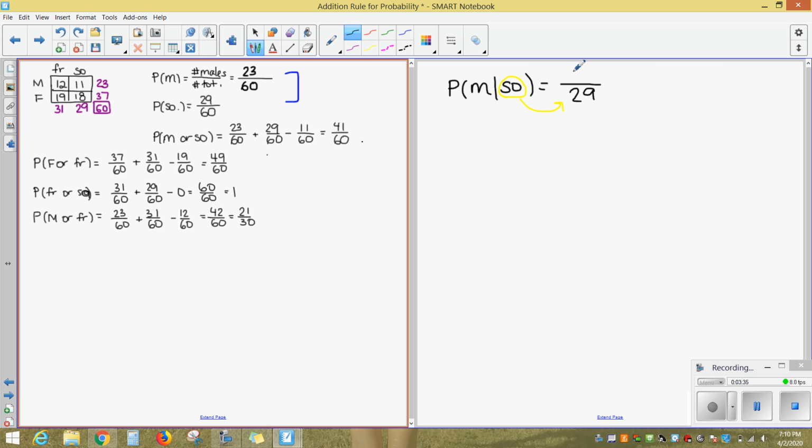Of those 29 students, how many are men? 11 of them. Notice that the probability of drawing a male student, knowing that he's a sophomore, is different than drawing a male student to begin with. 23 over 60 is not the same as 11 over 29, which means these two events are not independent, or we'll say they're dependent events.